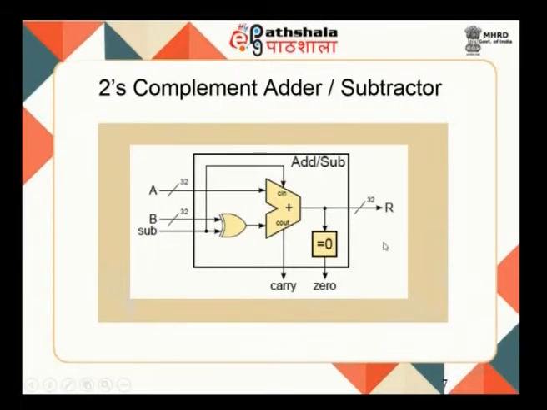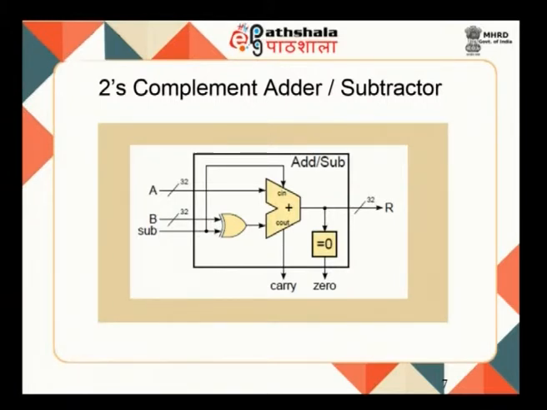If you look at a subtractor to be implemented from an adder, instead of using a separate subtractor, where just like how you have a full adder, you can form the truth table for a full subtractor and implement it.